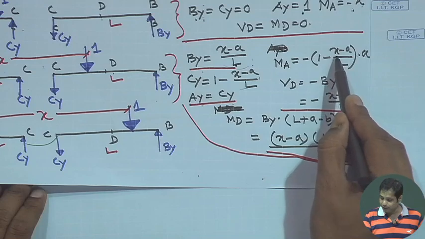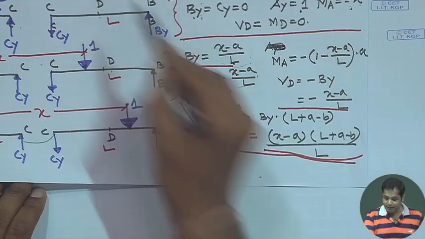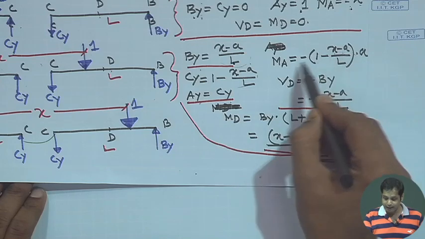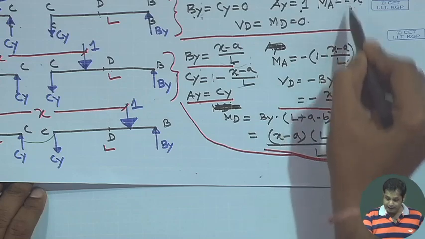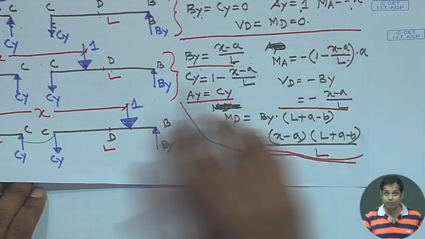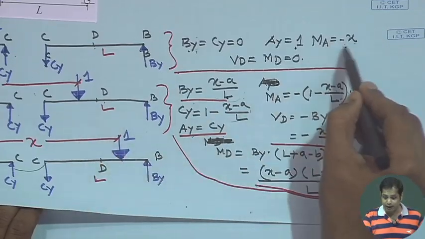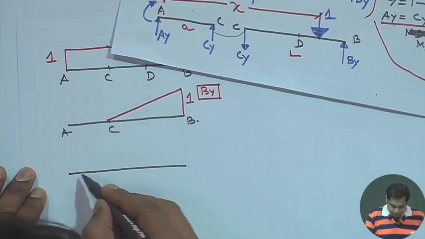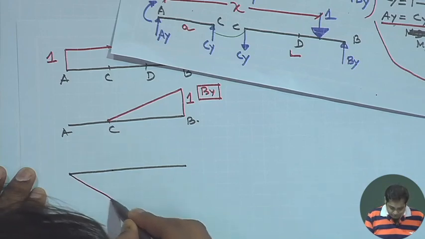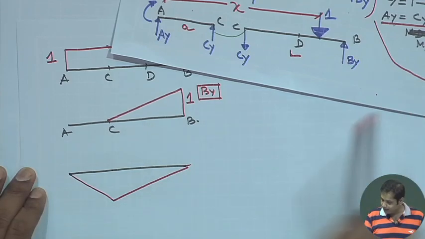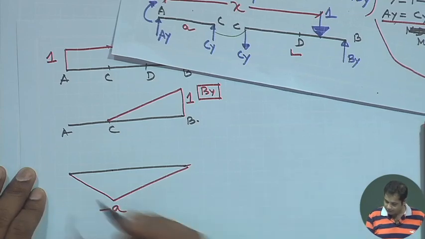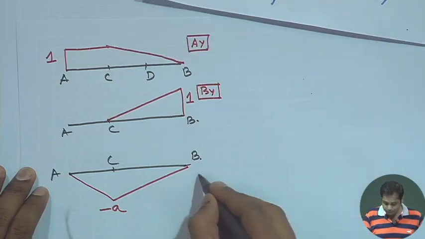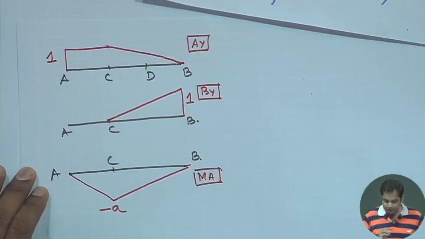So, if you substitute x is equal to L plus A, means at B, Ma becomes 0, and if you substitute x is equal to A here, then Ma becomes minus A. So, the continuity of Ma is maintained. So, the influence line for Ma, up to C it is this, then linearly varying, and this value is minus A, then C, B. So, this is the influence line for Ma.